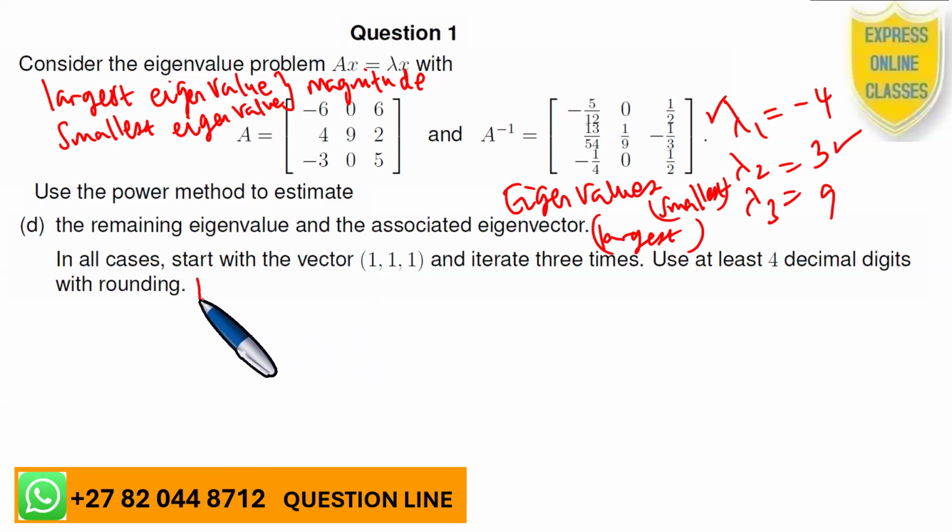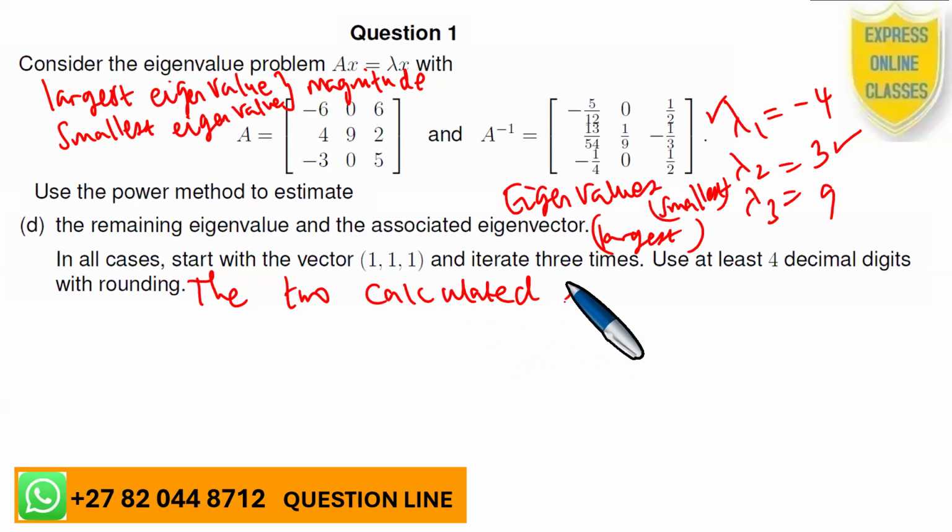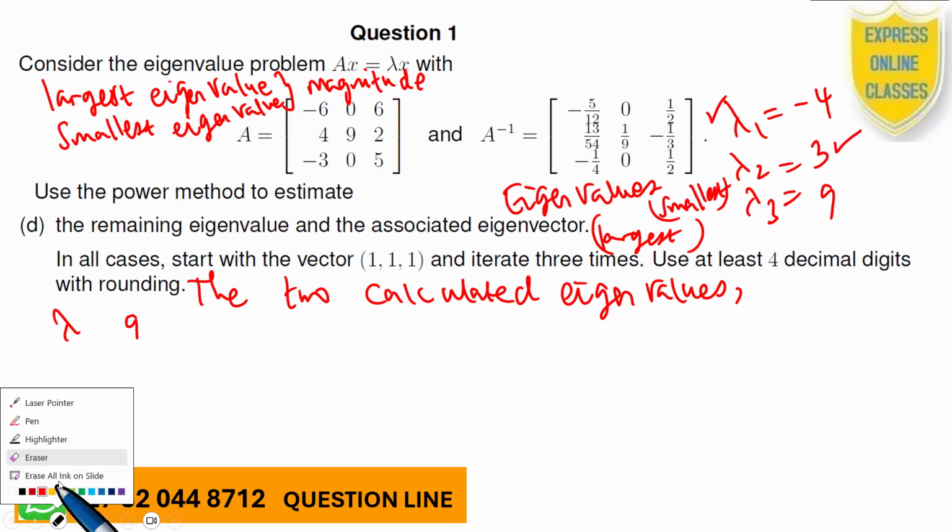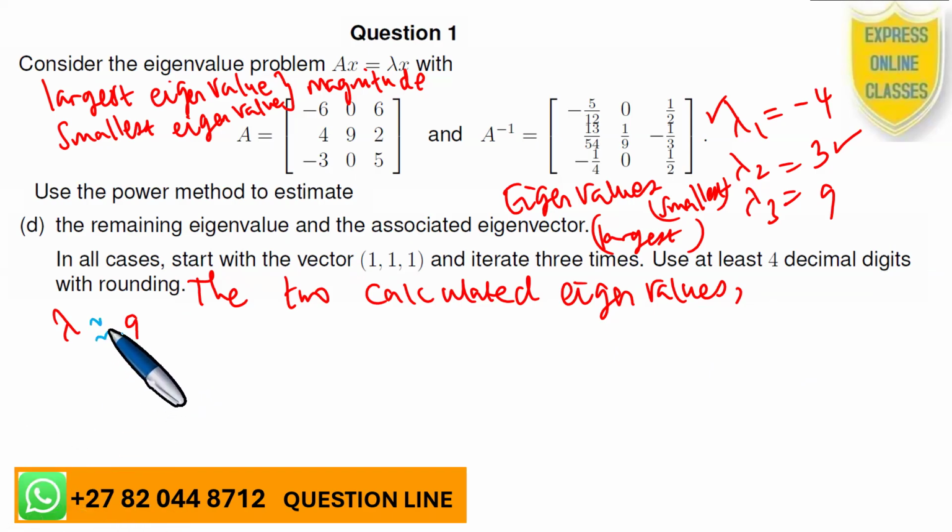We start as follows and say that the two calculated eigenvalues, we did lambda 1 last time, and this continues from what we did last time, and we got approximately 9.2667.